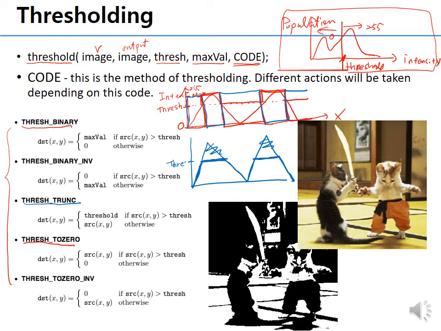So the final value is: if the pixel has a value less than the threshold, it keeps its original value, and a pixel value above the threshold is truncated to the threshold value. This is the output of threshold truncate.